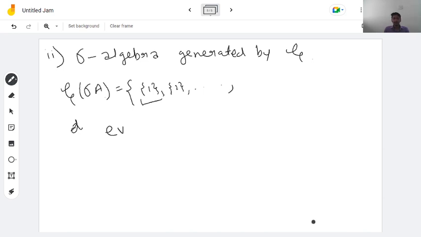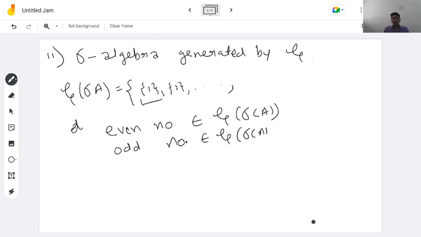Therefore even numbers belong to sigma A. Not only even numbers, all the odd numbers will be there in the sigma algebra generated by C.